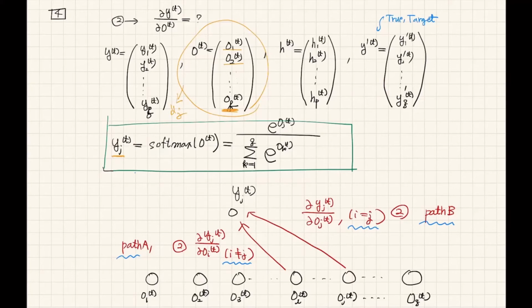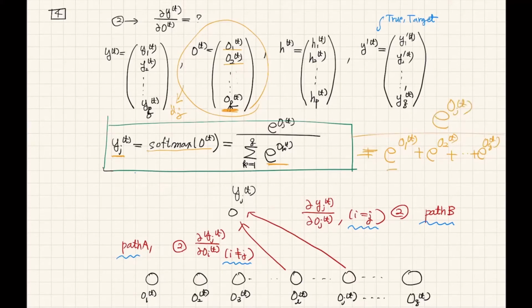As you remember, the softmax function is defined using these equations, and each output number has an exponential input, and you have to sum them: e^(O_1t) plus e^(O_2t) and up to e^(O_Qt), in the denominator, and e^(O_jt) in the numerator.